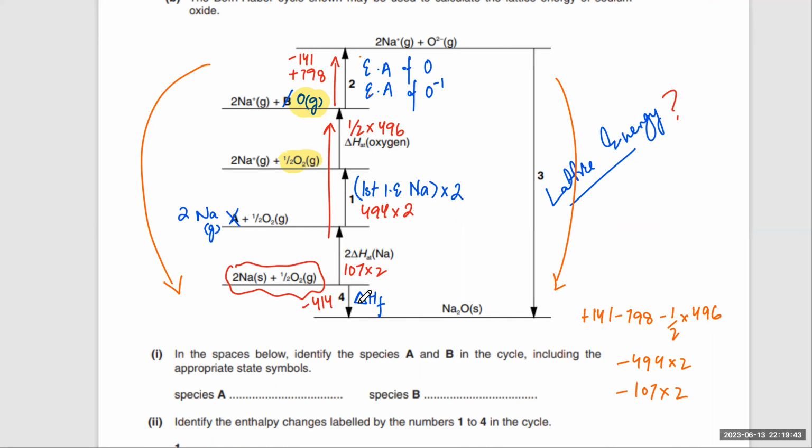The last one is in the same direction, so that's minus 414. So that's all equal to the lattice energy. Yes. According to Hess's law, one path is equal to the other path.